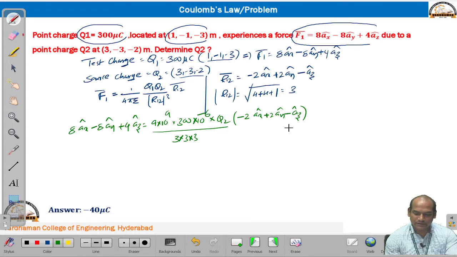So, now just simply calculation we have to do. 3 3s are 9, here also 9 is there, 3 1s are 3, 100s are 300.